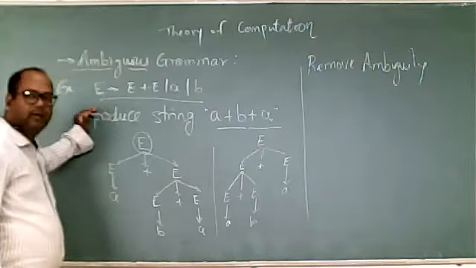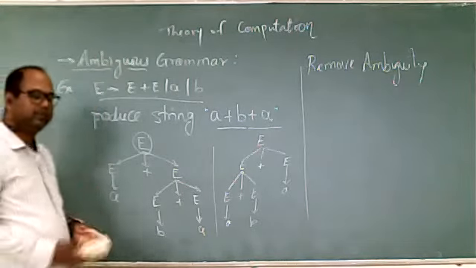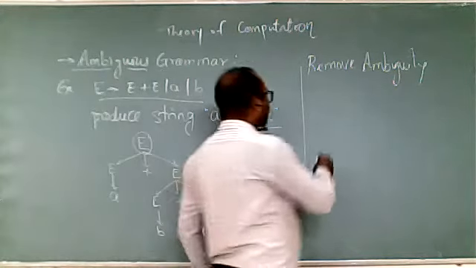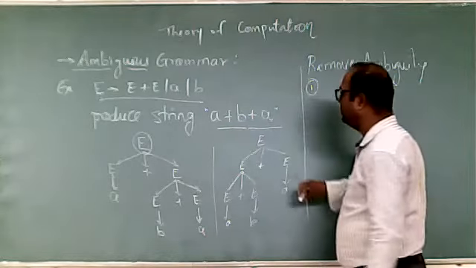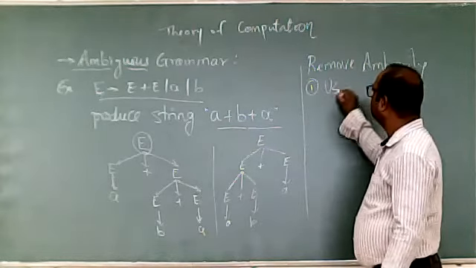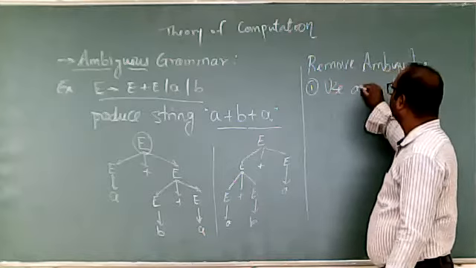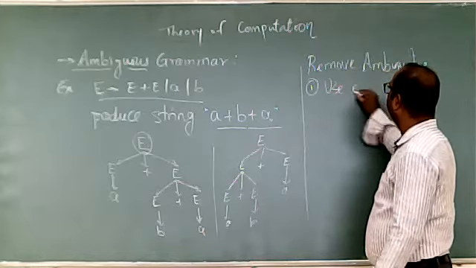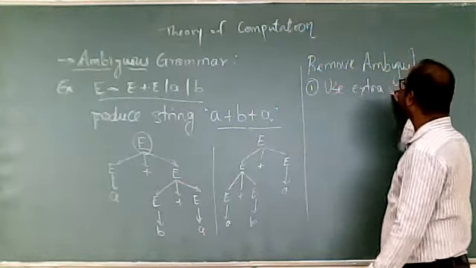So for this example, how to remove the ambiguity? A simple way of removing the ambiguity is to use an extra variable.